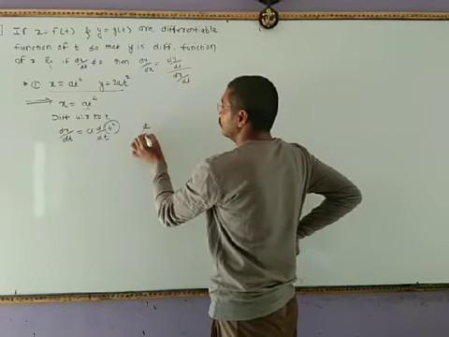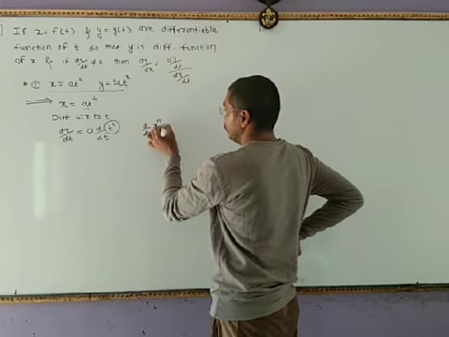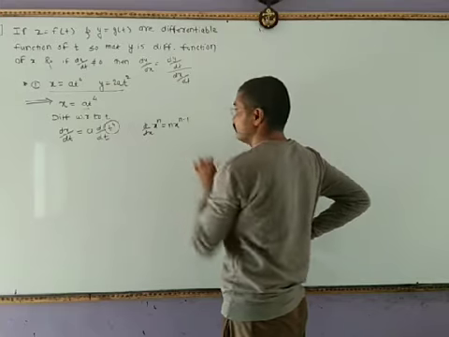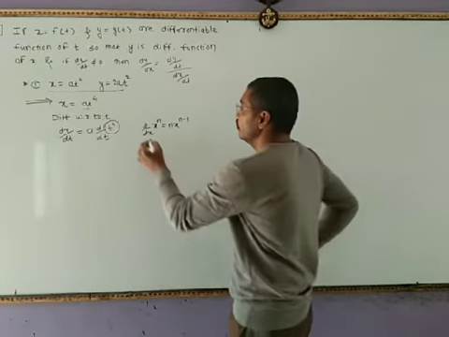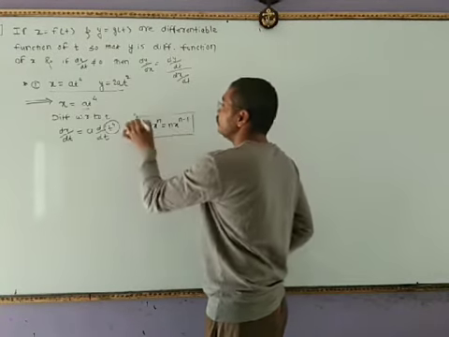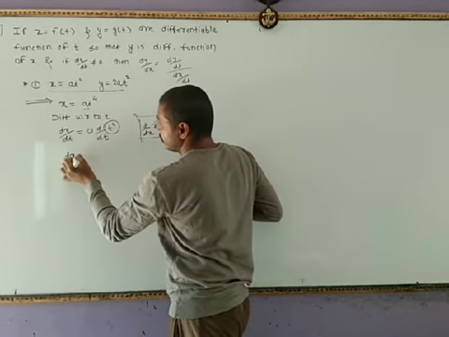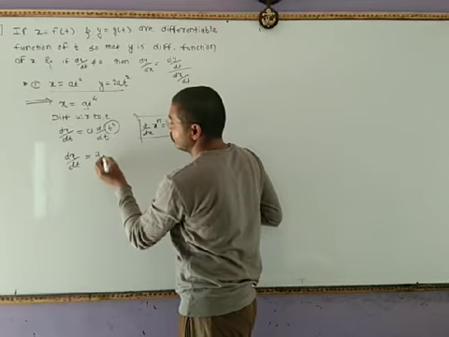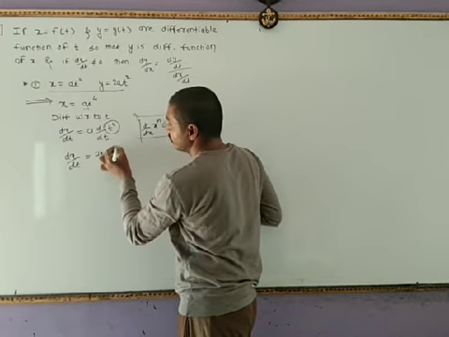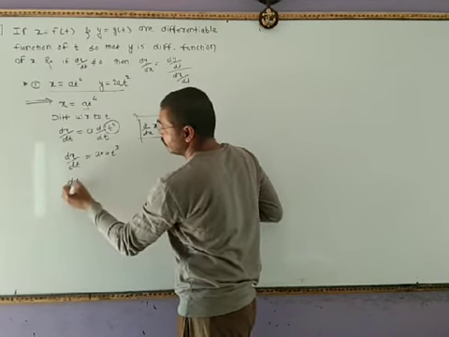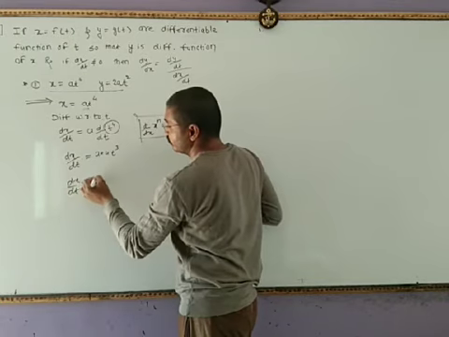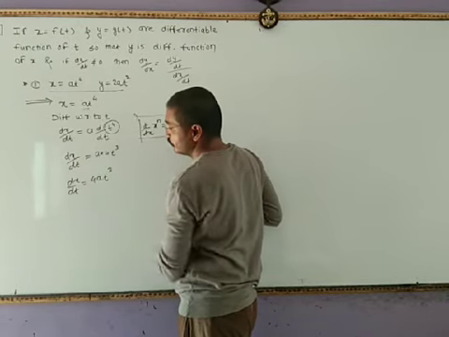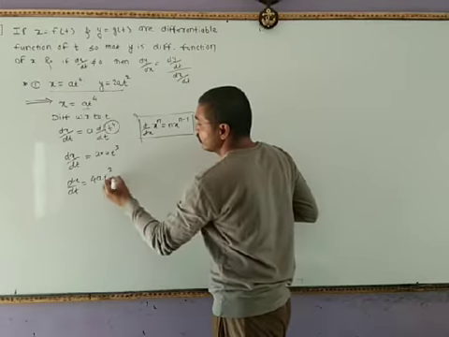We know the derivative of x raised to n is n into x raised to n minus 1. So dx by dt is equal to 4a t cube. This is equation first.